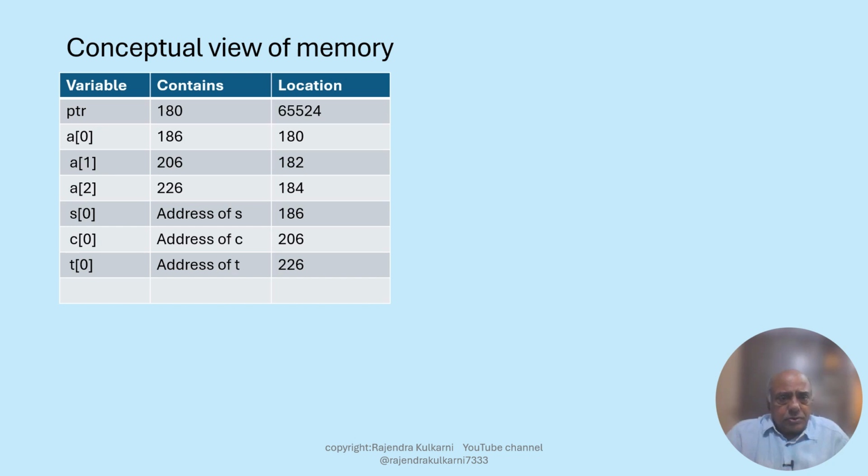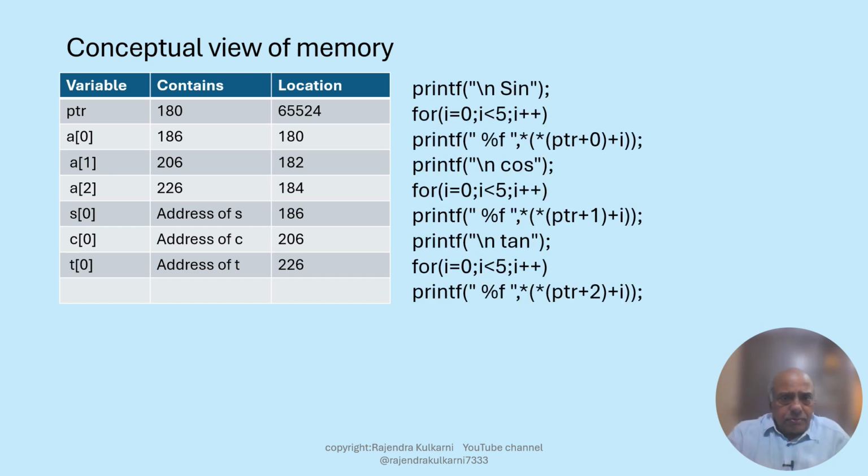It points to the address of the 0th element of array S. Location 206 is the base address of array C, and location 226 is the base address of array T, the addresses of the 0th elements of these arrays.